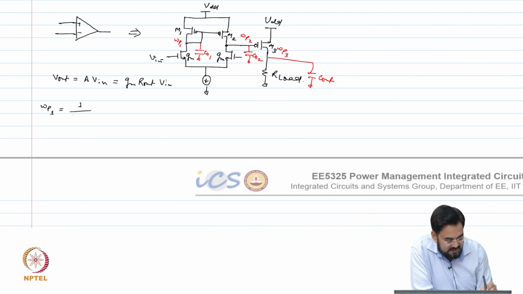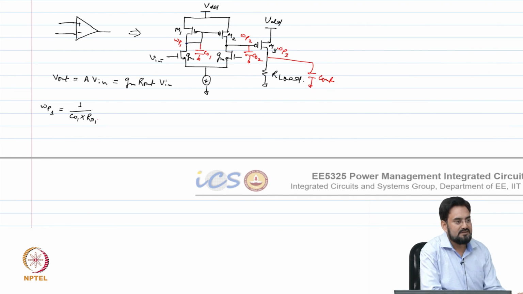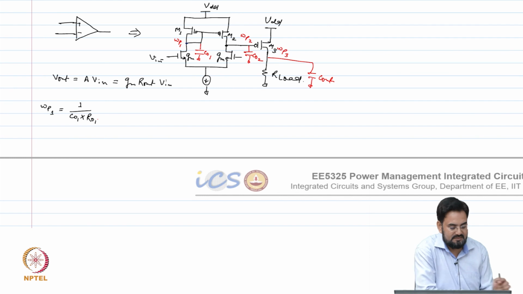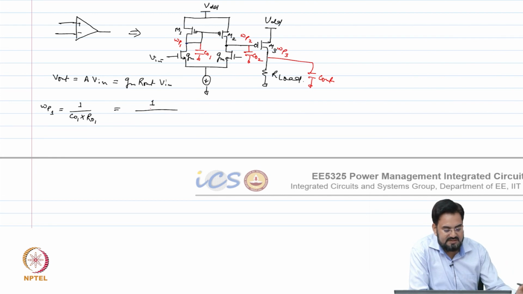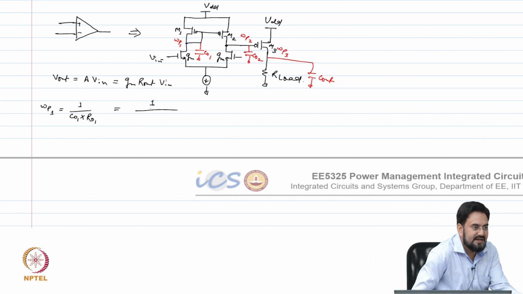So, let us say I call it CO1 into RO1, which is the R out looking at that node. So, what is the RO1, R out at that? If you consider that the transistors are in saturation, then RDS is pretty high.